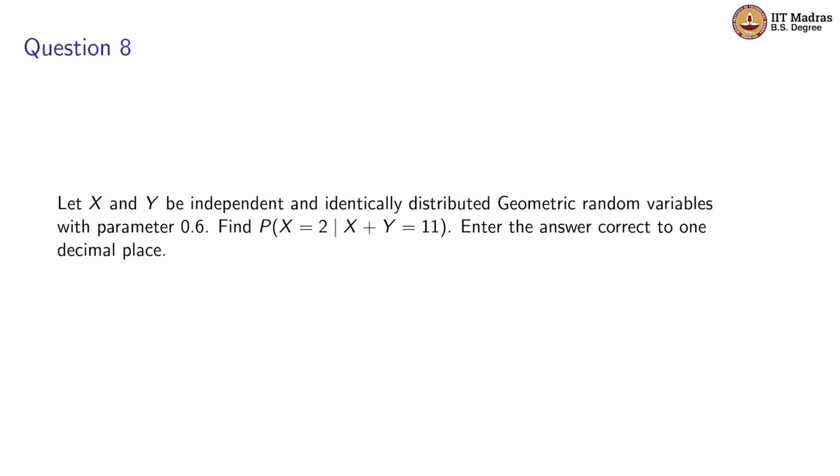Now coming on to question number 8. Question number 8 says that let X and Y be independent and identically distributed geometric random variables with parameter 0.6, and in this question we have to find the conditional probability that X is equal to 2 given X plus Y is equal to 11.